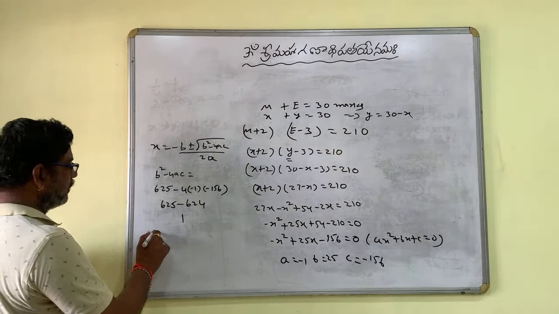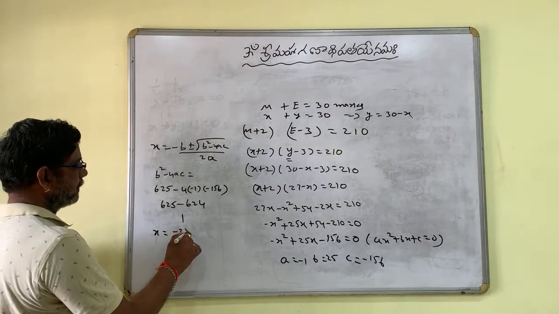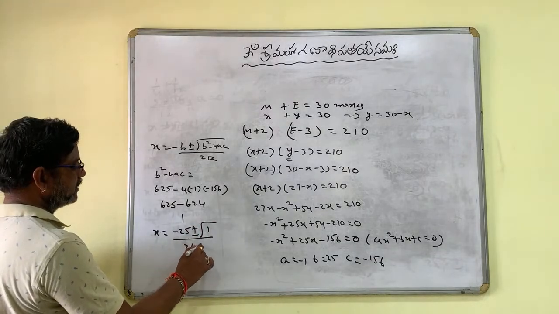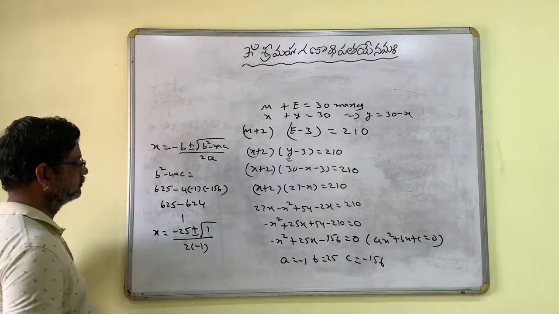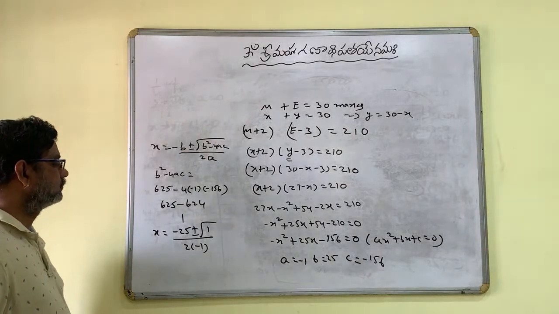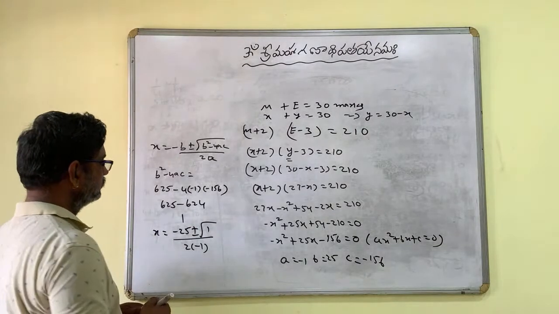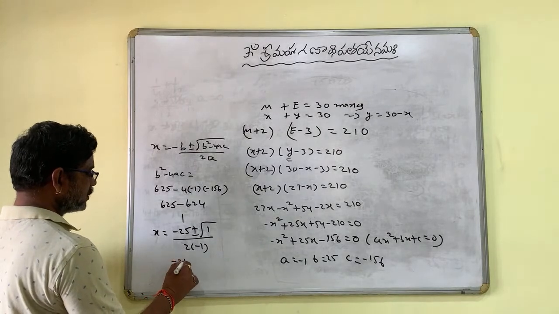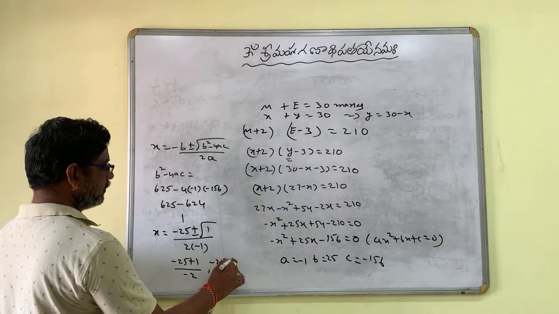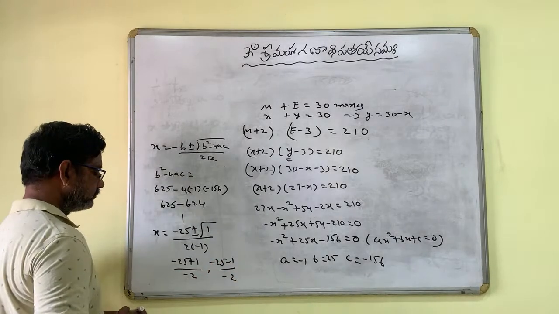Now substitute in the formula. x is equal to minus b plus or minus root over 1, by 2a, 2 into minus 1. Now what will we get? Minus 25 plus 1 by minus 2, minus 25 minus 1 by minus 2.